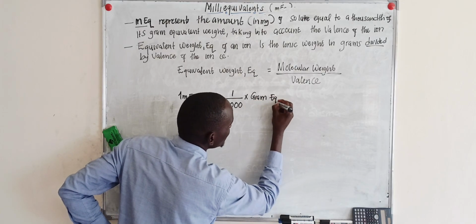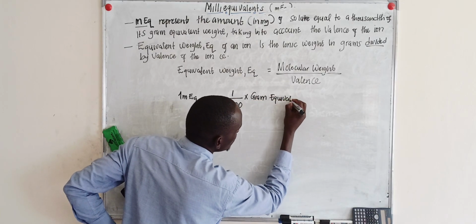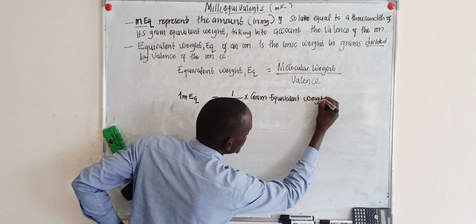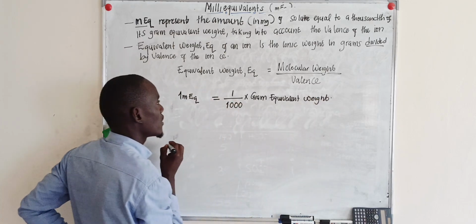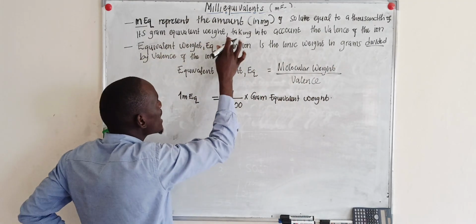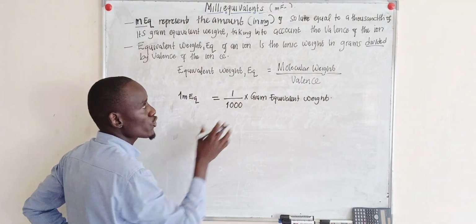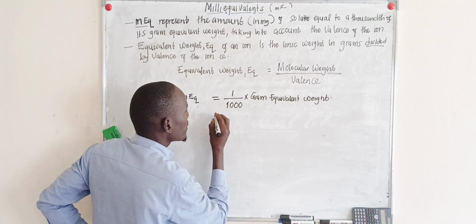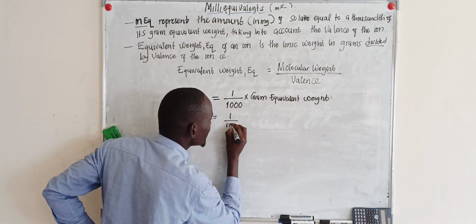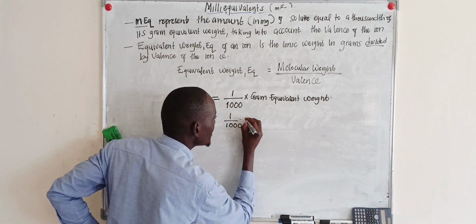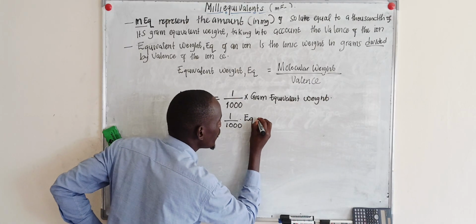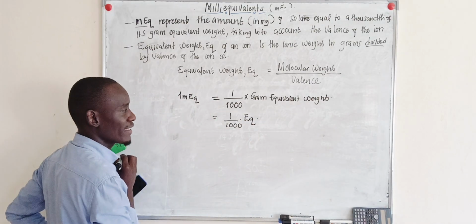A thousandth of the gram equivalent weight. But we know that gram equivalent weight is abbreviated by capital EQ, like that.